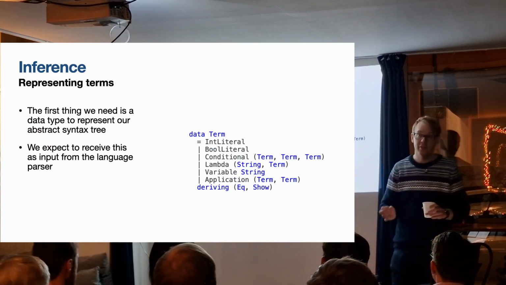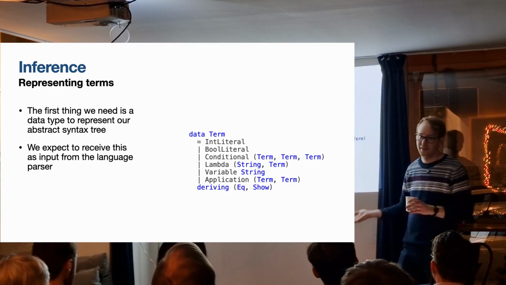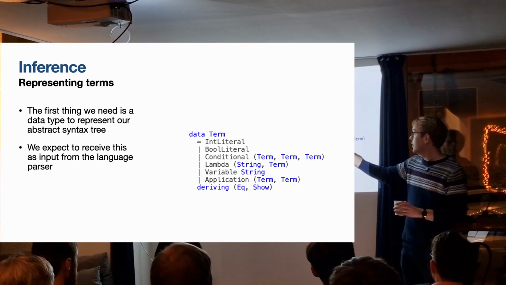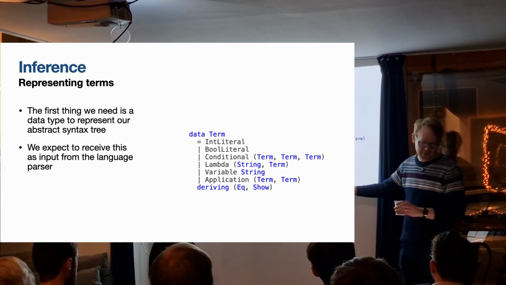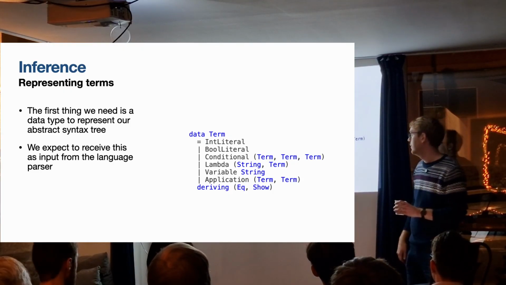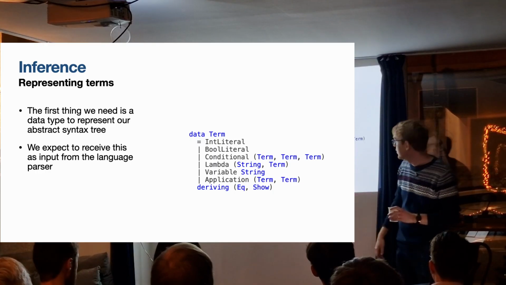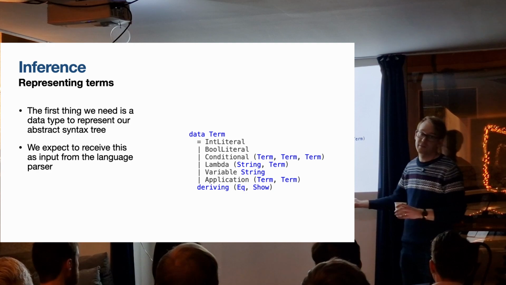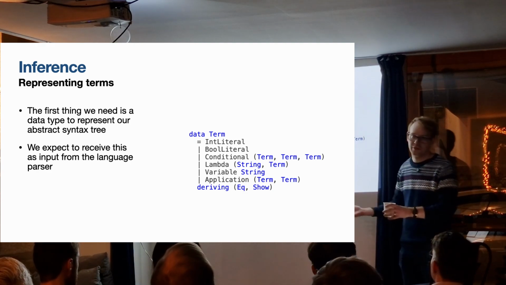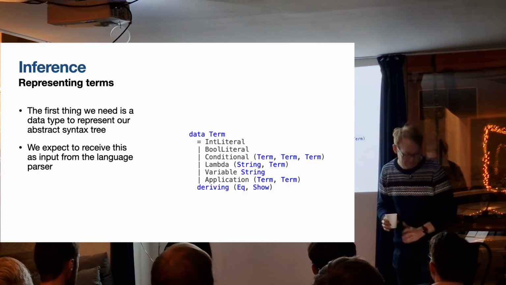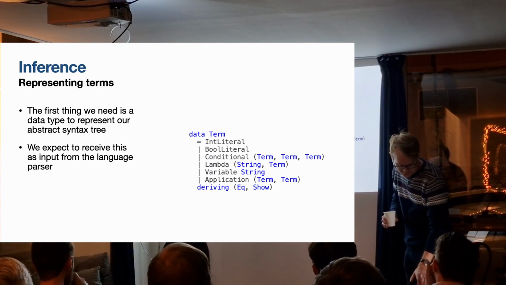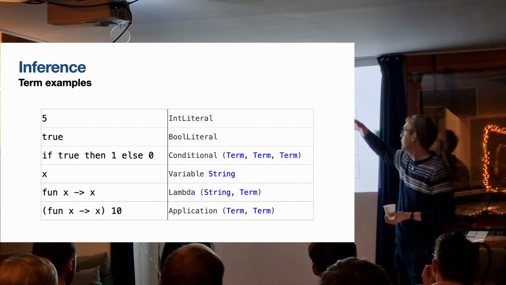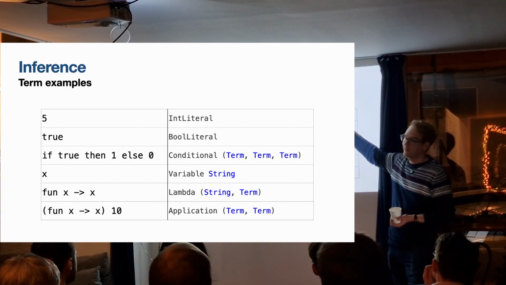Okay, but the first thing we need is a way to represent this abstract syntax tree. So I put in a single data type that's called term, and it has 6 constructors. And this is the thing we will get from the parser. So this is sort of where the job of the type checker starts. Just to map it out with examples: 5 is an example of an int literal.